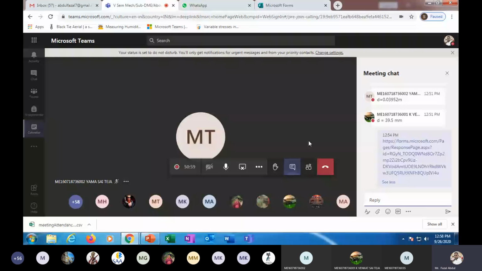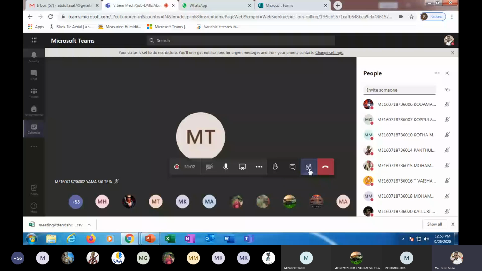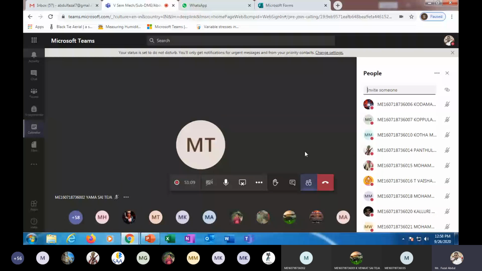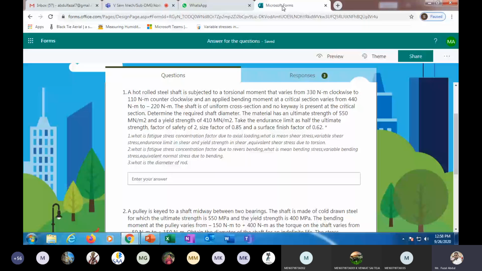This is the poll I am conducting as a test. I am testing whether you are listening to the classes and writing in your notes whatever I am doing here. Everything should be present in your notes. If you are copying in your notes, you can easily answer this question because I have solved this problem on the screen.